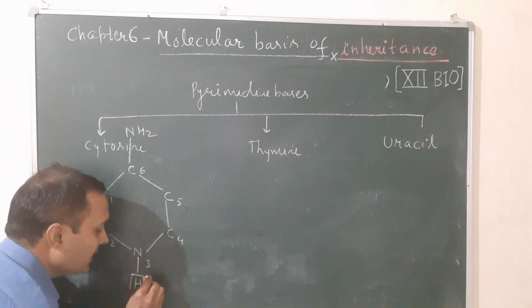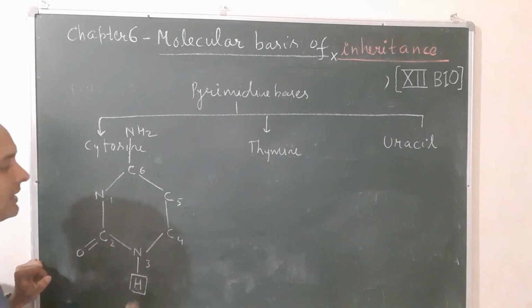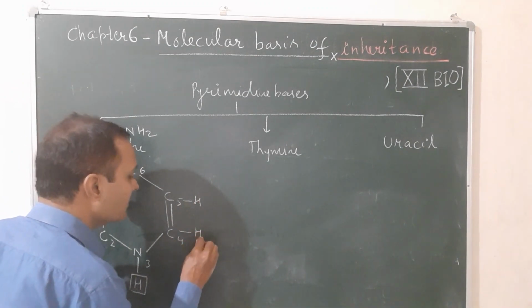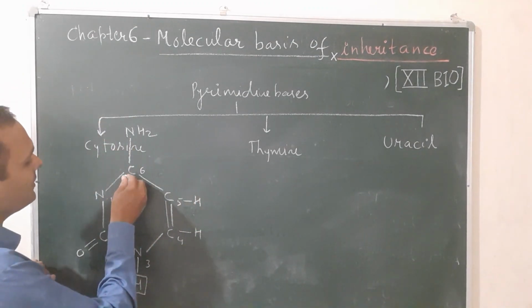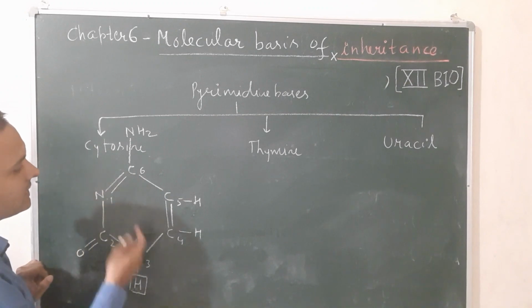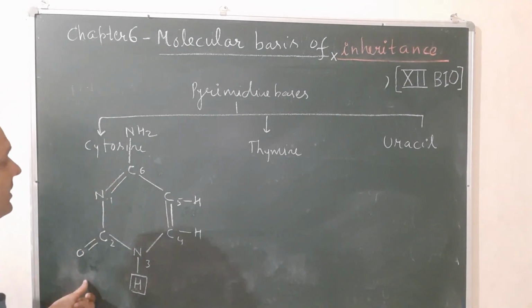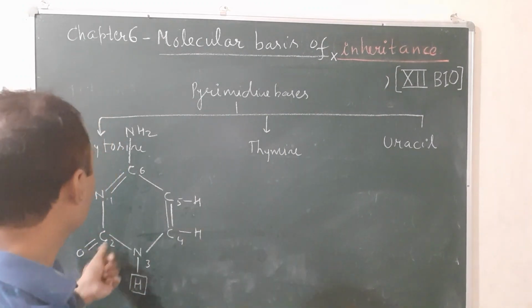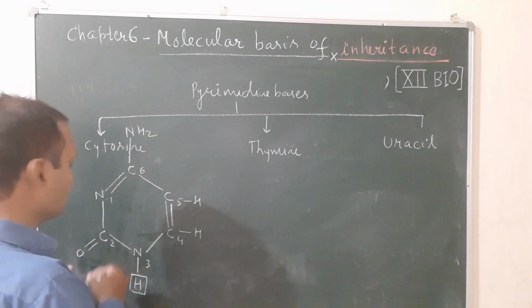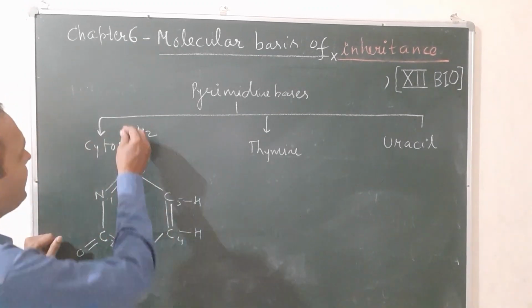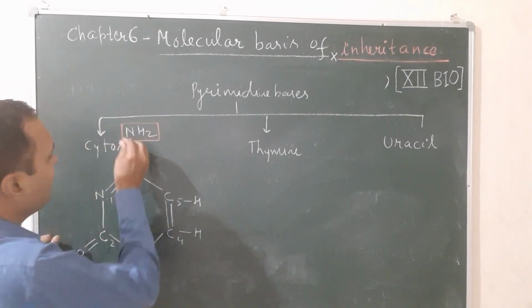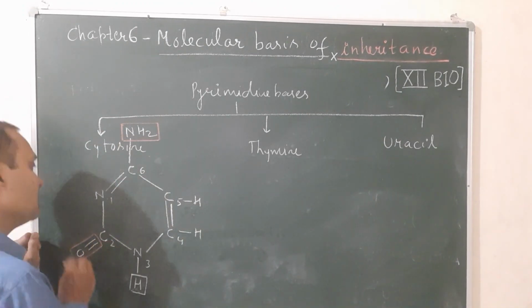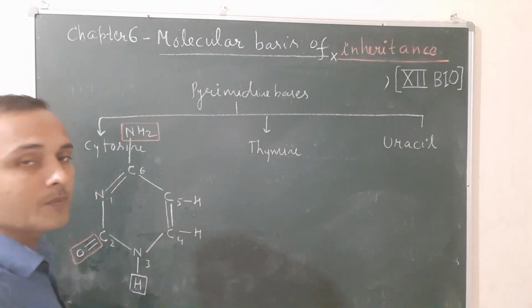So there will be a double bond, a single bond, and again a double bond. This is the structure of cytosine. In cytosine, the amino group is present at the 6th position and the oxy group at the 2nd position. So cytosine is also known as 6-amino 2-oxy pyrimidine.